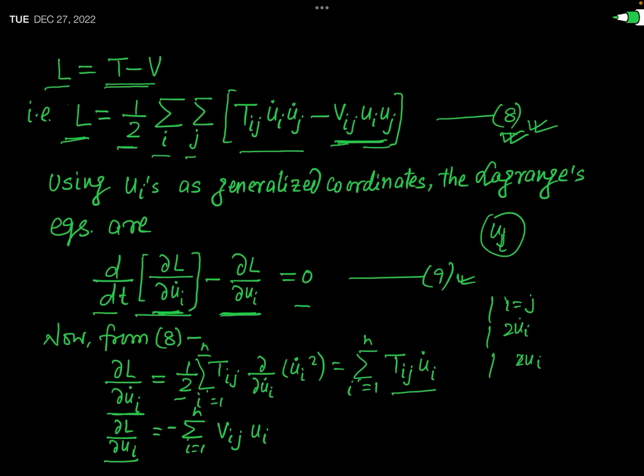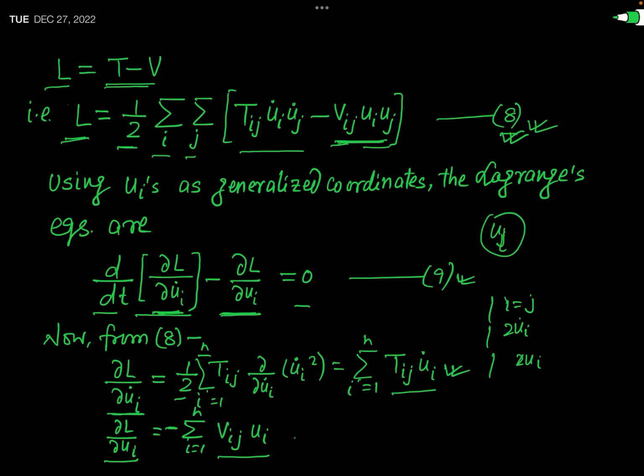So our result will be del L by del ui equal to minus summation i from 1 to n Vij ui. Okay? So these are the values of del L by del ui dot and del L by del ui.